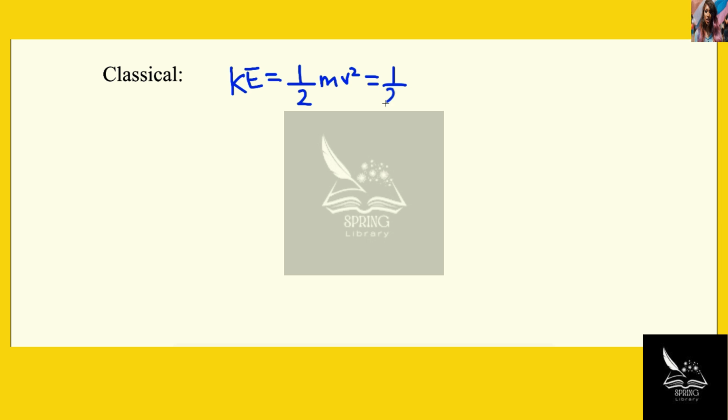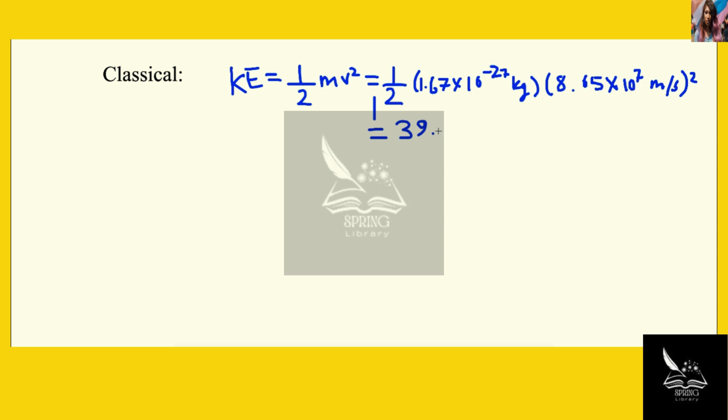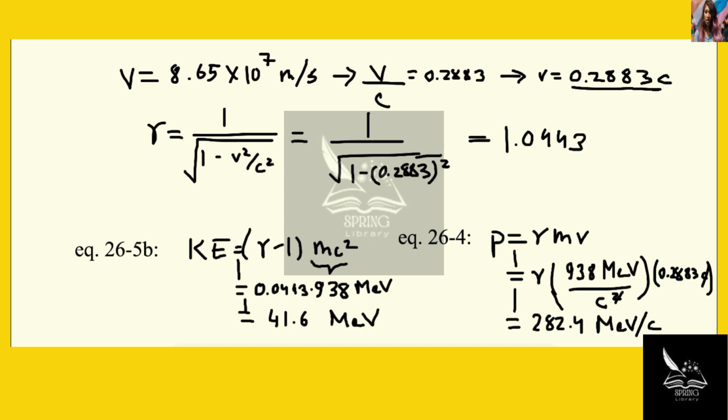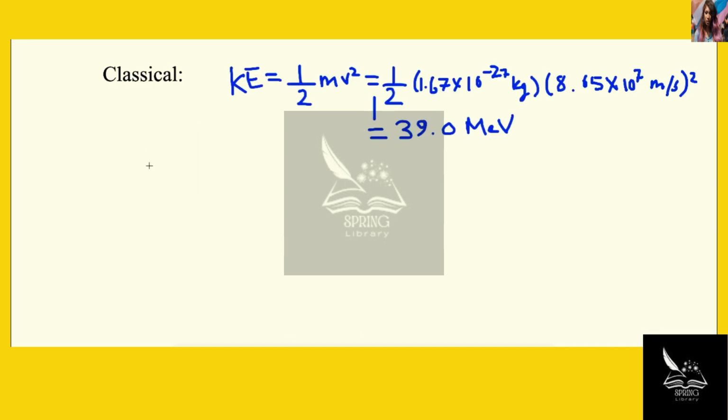Here's where we'll use the mass of a proton that's given to us, 1.67 times 10 to the negative 27 kilograms, times the velocity that's given to us, which is 8.65 times 10 to the 7 meters per second, squared. And so this gives us something very close to 39.0 MeV. Already, as you can see, that's a different value from the relativistic case.